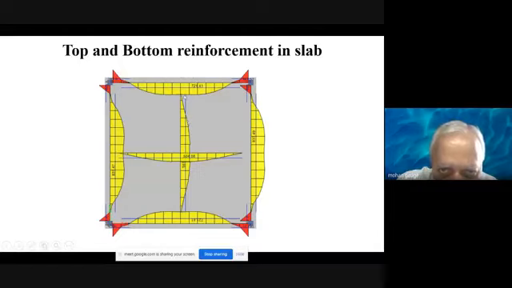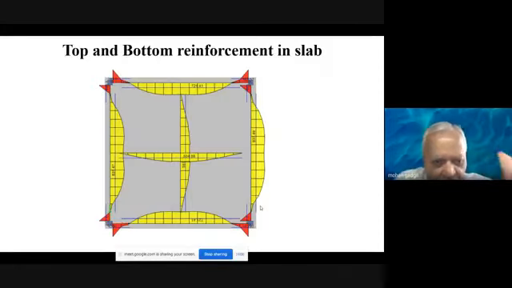While the column strip has 721 square millimeter area of steel, the width is only 2 meter, and here some negative reinforcement is required, about 780 square millimeter, because of the fixity provided by the column. So in all the directions, now we have the reinforcement worked out and the data is ready.